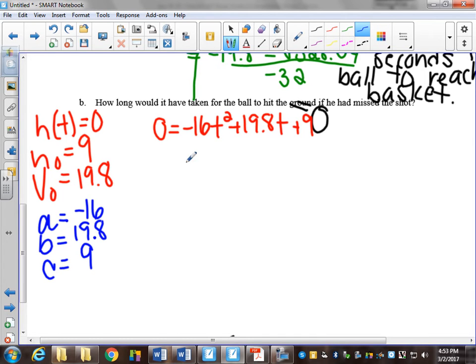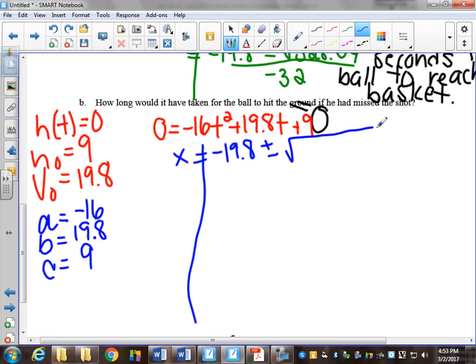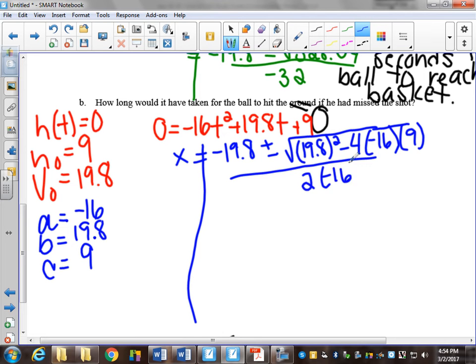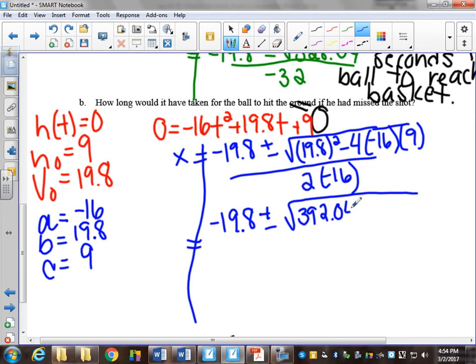Now we're going to plug all this information into the quadratic formula. So we have negative b plus or minus the square root of b squared minus 4ac, all over 2 times a. Negative 19.8 plus or minus the square root. What is 19.8 squared? 392.04.